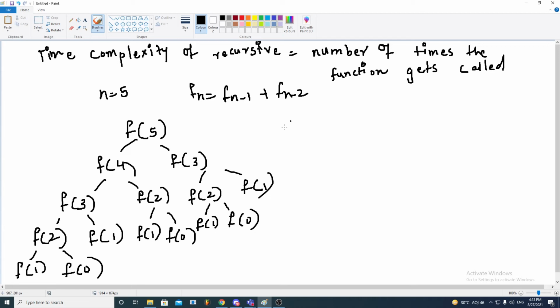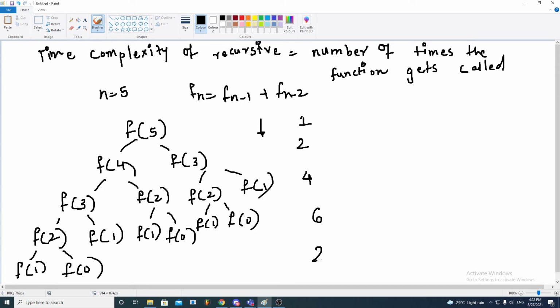So let us go hierarchically through how many functions are getting called. Each time we go down into the depth of the recursion, the number of calls roughly doubles. At first it is called once, then twice, and as we go down it is called 4 times, and here it is called 6 times, since we know the value of f of 1.